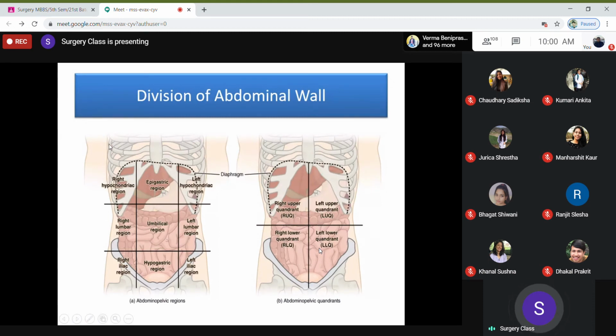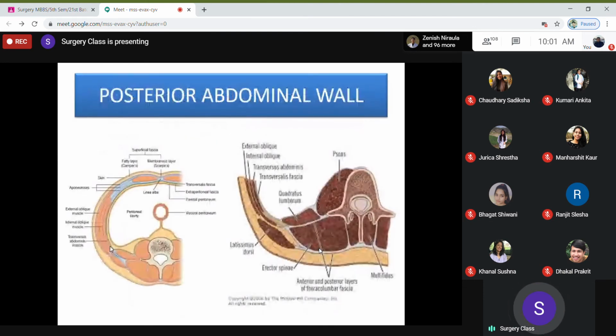The part anterior to this line is the anterior abdomen, and posterior to that is the posterior abdomen. Diagrammatically, I may not be able to correlate it. This area, from where it reflects back, is the point where the line from the mid-axillary to the highest point of the iliac crest correlates. That's the point from where the peritoneum reflects and covers the intestinal organs.